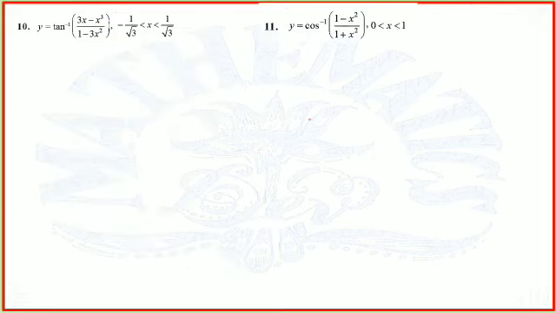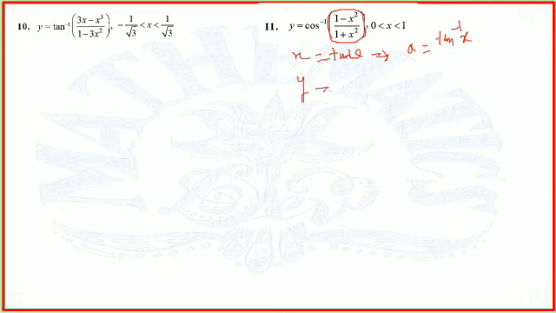Now the next question is y is equal to cos inverse of 1 minus x square upon 1 plus x square. If you remember those trigonometric formulae, then you will also get an idea that this is again a formula of cos 2 theta if you substitute x is equal to tan theta. This implies again theta is equal to tan inverse x.